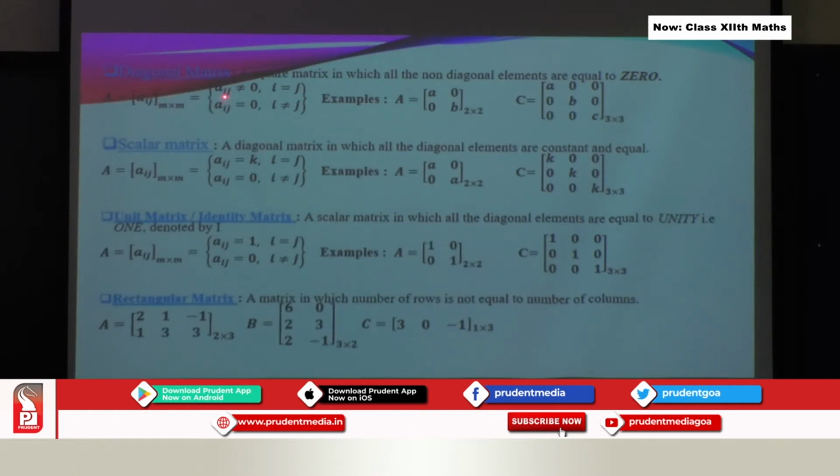Now look at this here, what is given? Aij is not equal to 0 when i is equal to j. So I explained your diagonal elements where i is equal to j, you get along the diagonal of the matrix. So you say here Aij is not equal to 0 when i is equal to j, and Aij is equal to 0 when i is not equal to j. Look at the example.